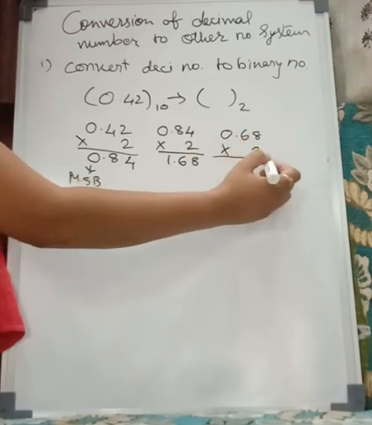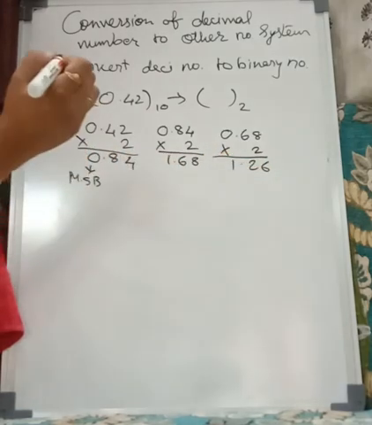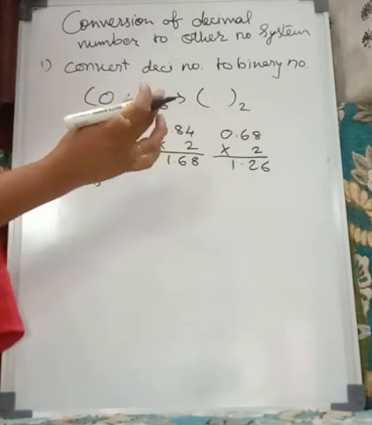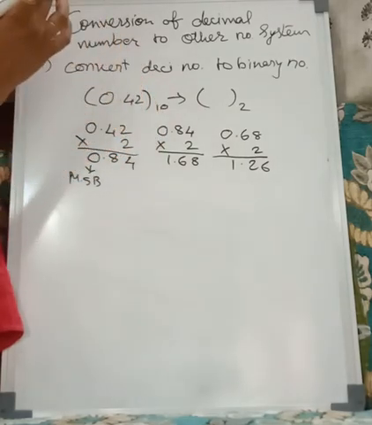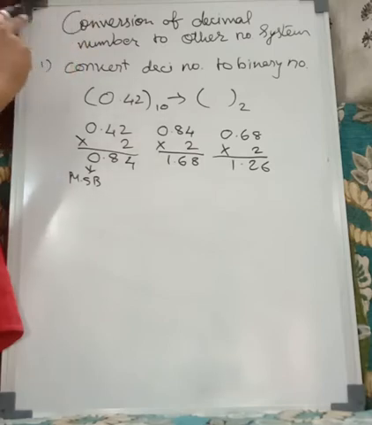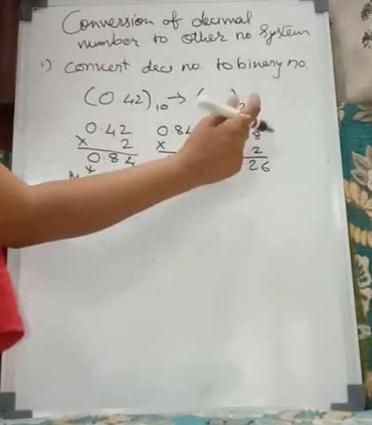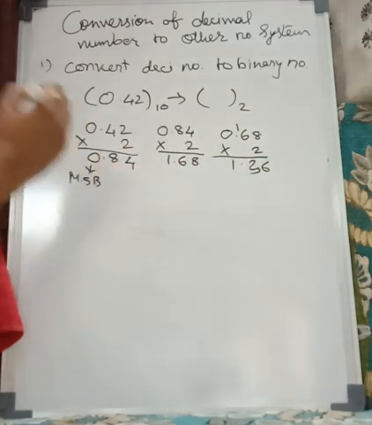So 2 8s are 16 and 2 6s are 12, and the carry is added over here: 2 8s are 16, carry 1, and 2 6s are 12 plus 1 is 13, so this comes out to be 1.36.